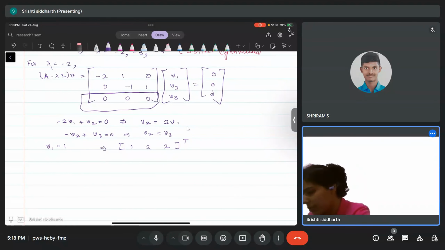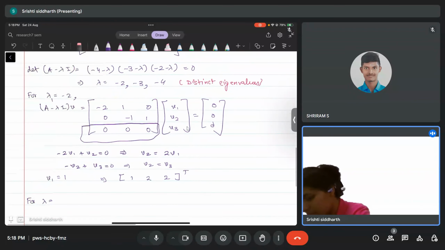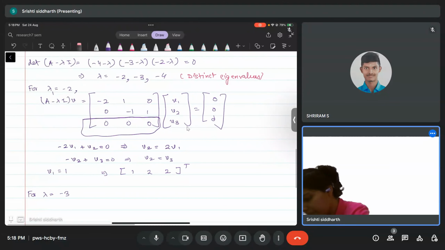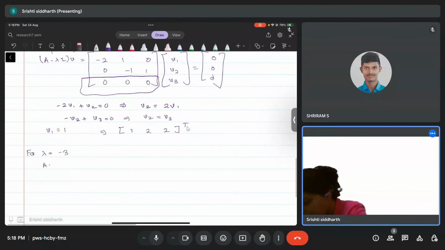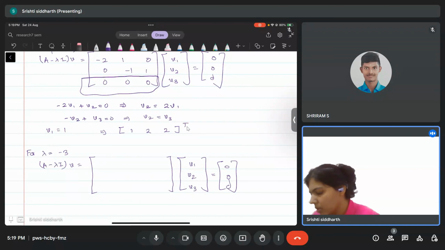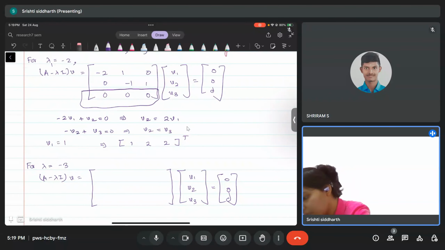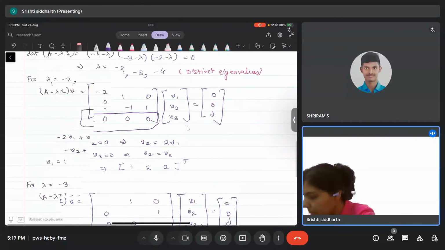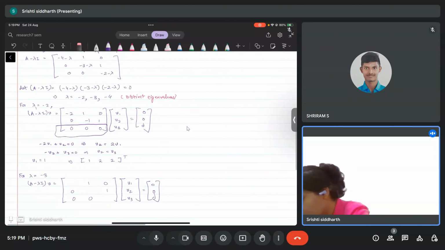Okay, so we have to find the other two eigenvectors similarly. For lambda equals -3, we have A minus lambda I, and since the off-diagonal elements will be the same, the first entry is -4 plus 3, then 0, and 1.